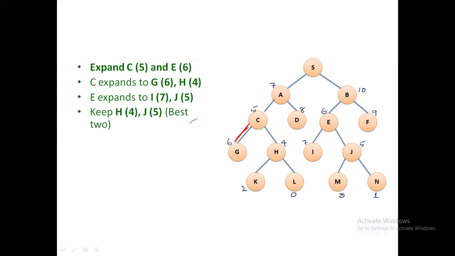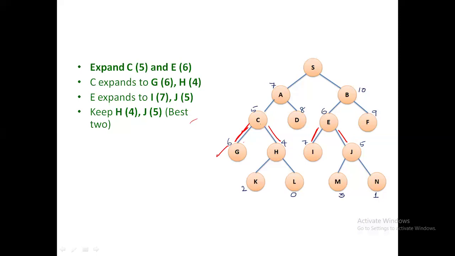We expand C5 and E6 because in the previous step these two had the lower values.